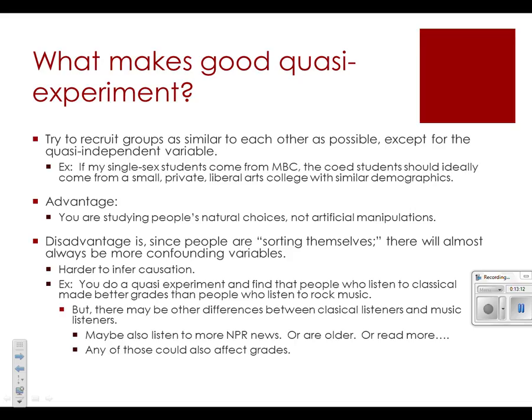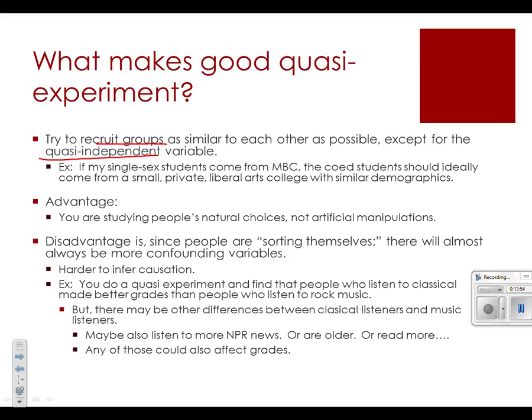Well, like with the experiment, it's good to try to find groups that are as similar to each other as possible, except for this quasi-independent variable. Okay? So for instance, if I was doing a comparison of single-sex college women with co-ed college women, and I was, for convenience, picking my single-sex students from Mary Baldwin. If I'm looking now for a co-ed school to recruit the rest of my participants, well, ideally, I would want to find a school that looked as much like Mary Baldwin as possible, but was co-ed.